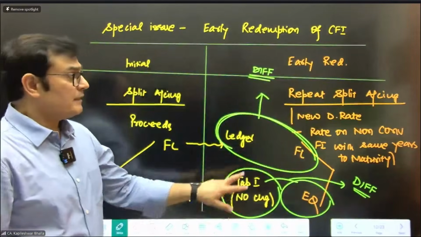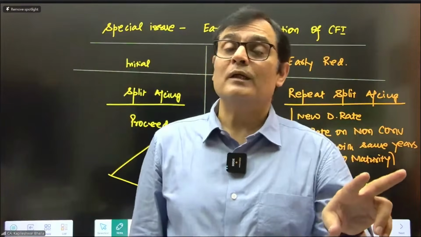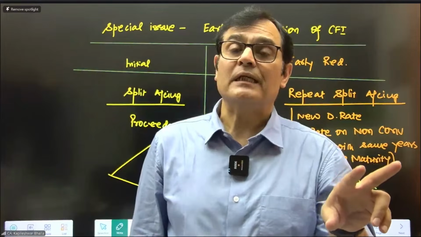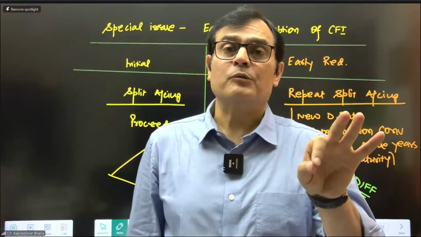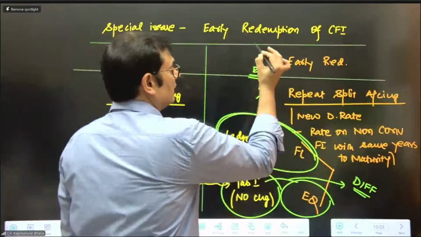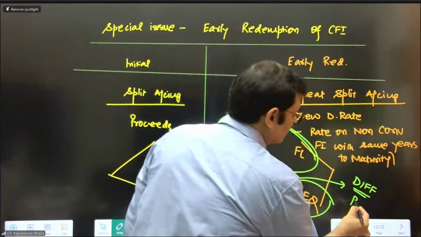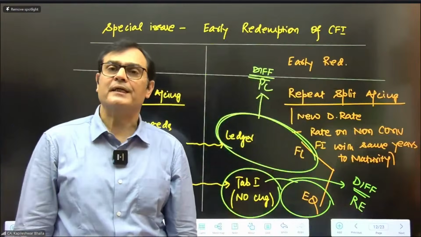The difference which arises on a financial liability will be taken in the P&L. That's a gain or loss which arises on an early redemption of the instrument. But the difference in the equity component would be taken in retained earnings.